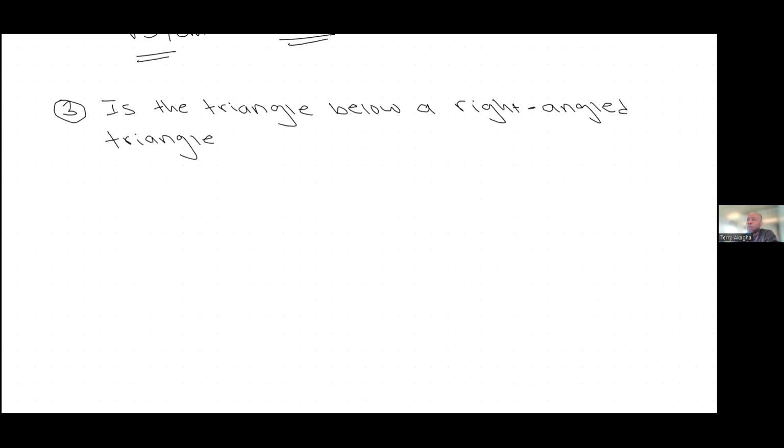So we have this, we have that, and we have this. So we have 8 centimeter, we have 10 centimeter, and we also have 6 centimeter.